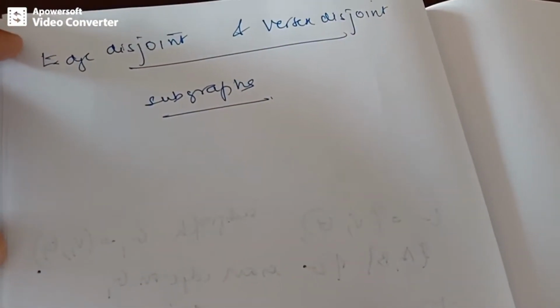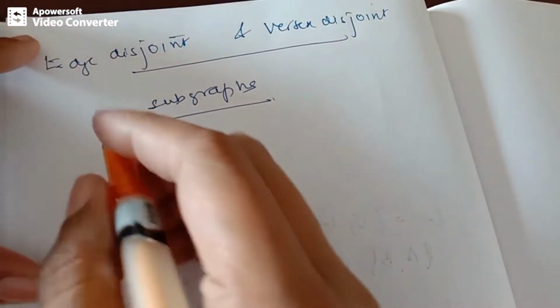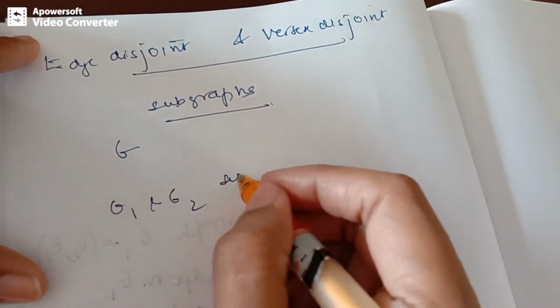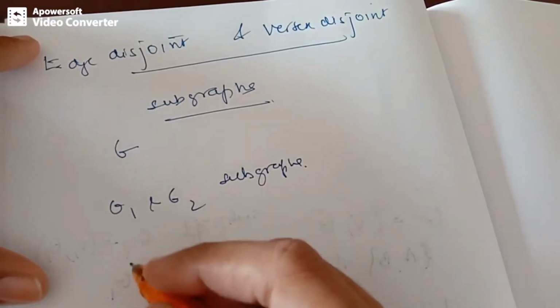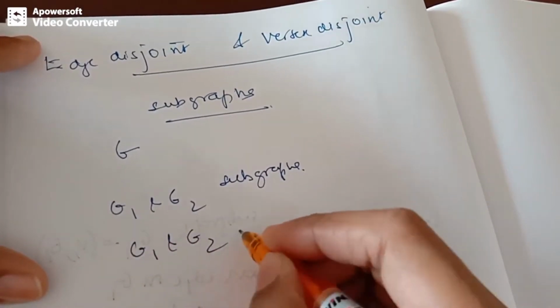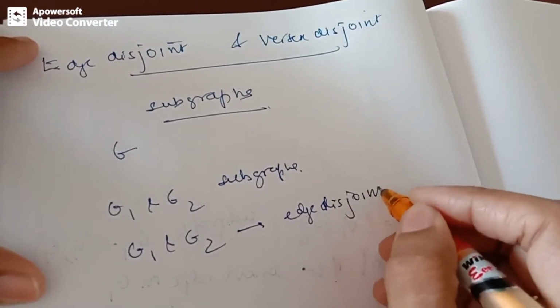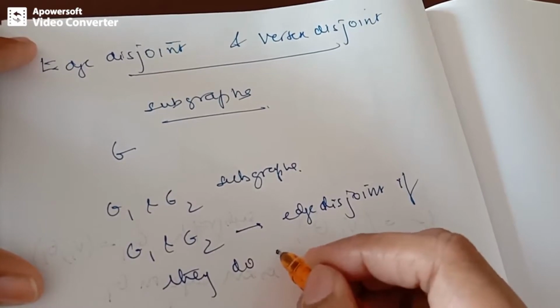Let's move to the next concept about edge disjoint and vertex disjoint subgraph. What is this edge disjoint and vertex disjoint subgraph? So let us take graph G, and let G1 and G2 be two subgraphs. Then G1 and G2 are said to be edge disjoint if they do not have any edge in common.